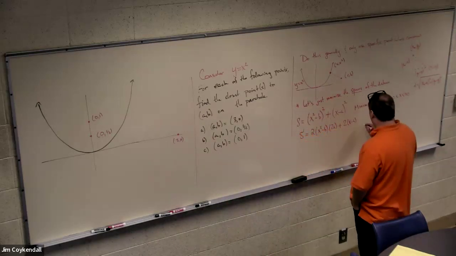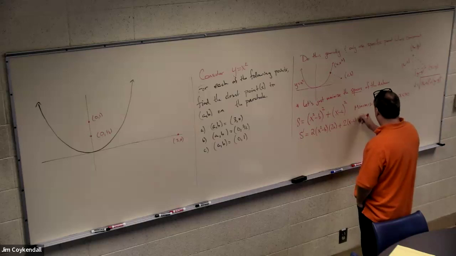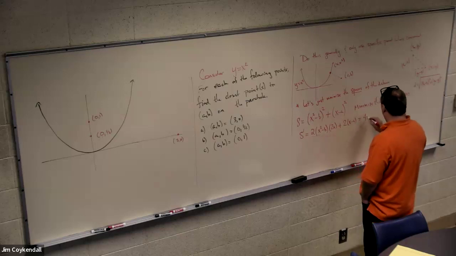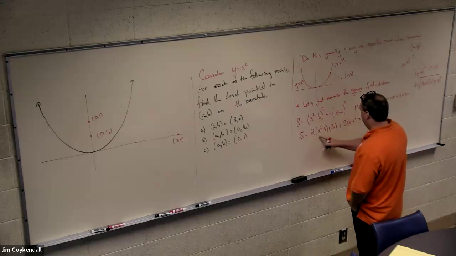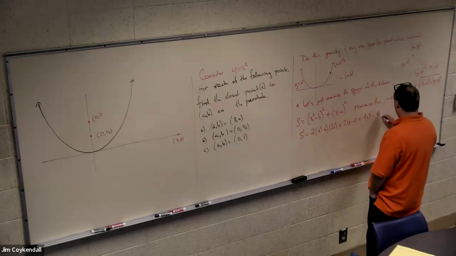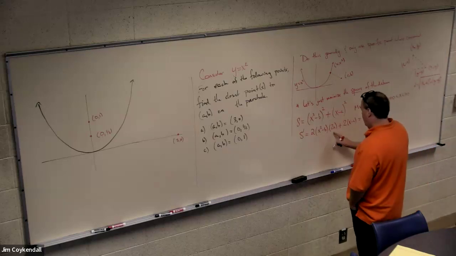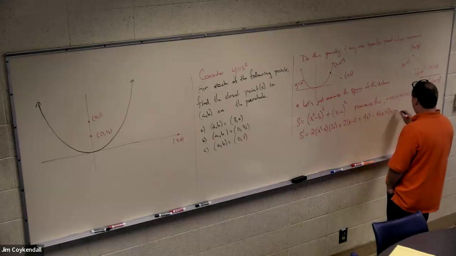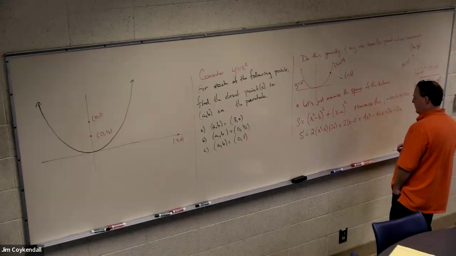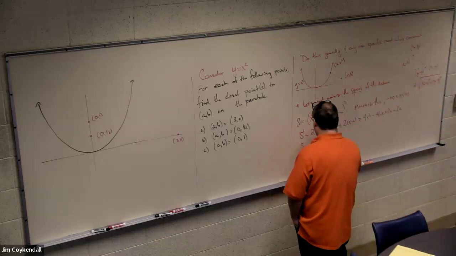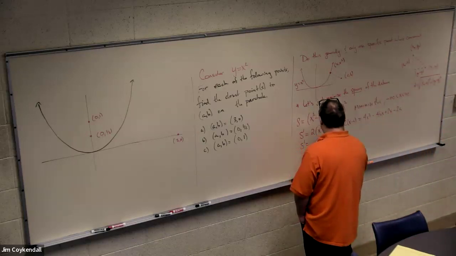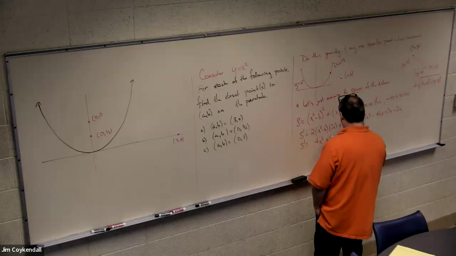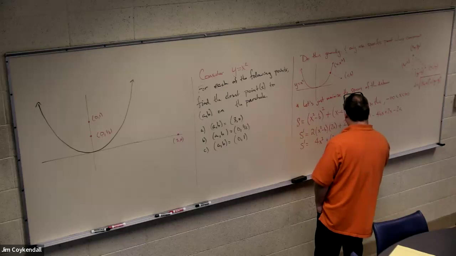This is going to be 4x times this, which is 4x cubed. 4x times this is minus 4bx, plus 2x minus 2a. Yes? So S prime is equal to 4x cubed plus 2 minus 4bx.